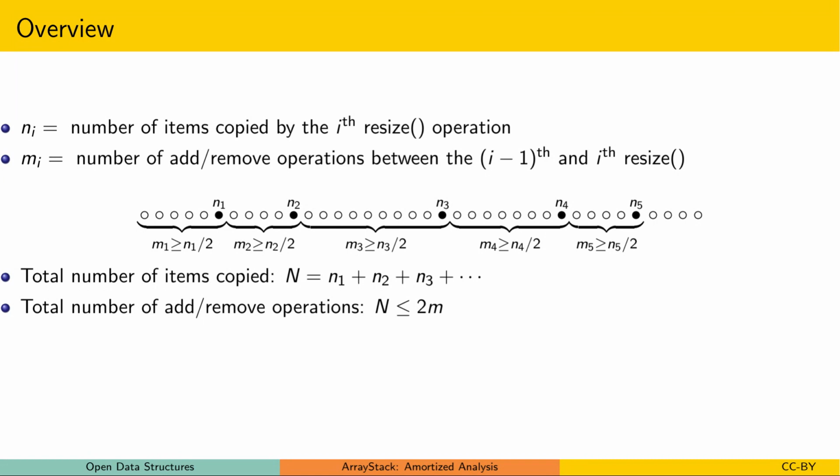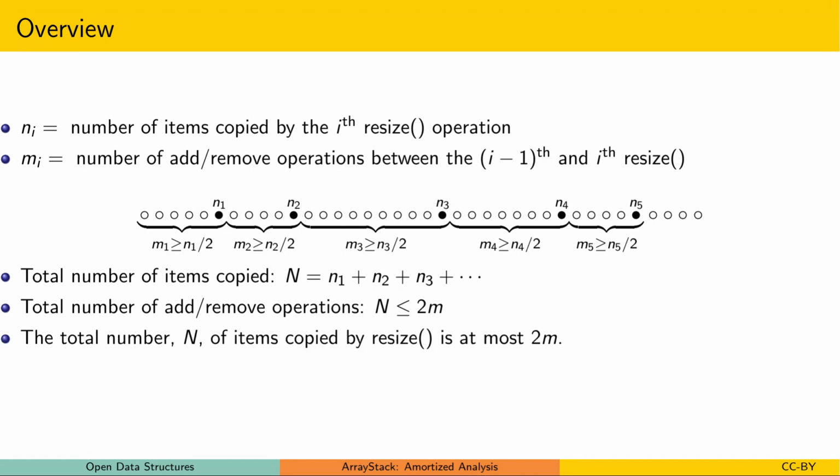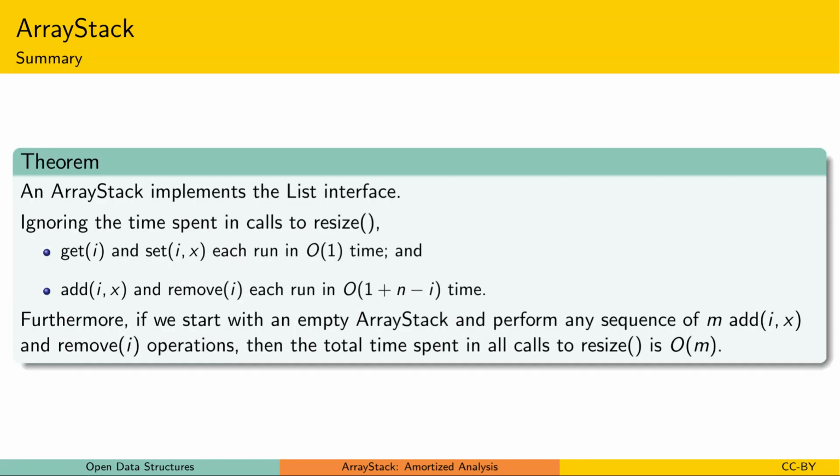Another way of saying this is that the total number of items copied is at most twice the total number of add and remove operations. Since all the work done by resize is bounded by the number of items copied, we conclude that the total time spent in calls to resize is O of m. This completes the proof of our theorem about array stacks.